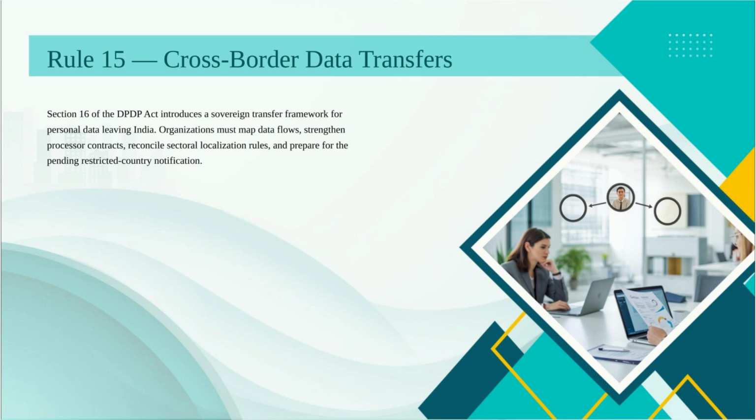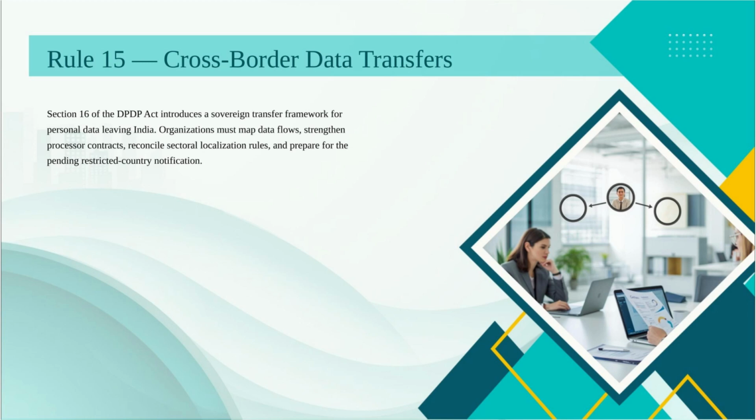In this chapter, we'll explore cross-border data transfers under the DPDP framework. We'll start with Section 16, which sets the foundation for the transfer rules and the notified country approach India has taken. We'll discuss the pending country list and what we actually know about it so far, because there's genuine uncertainty here.